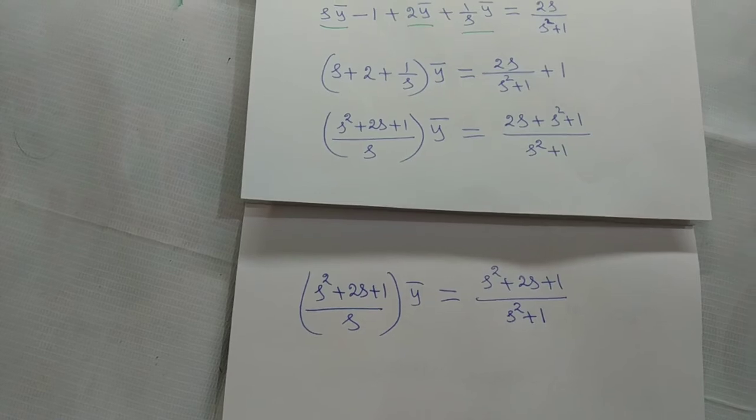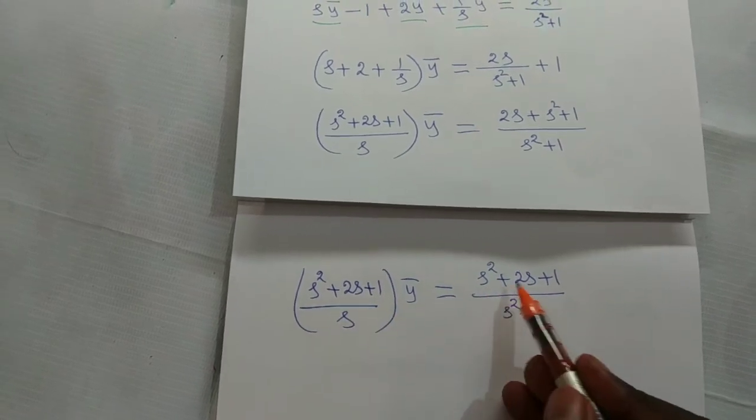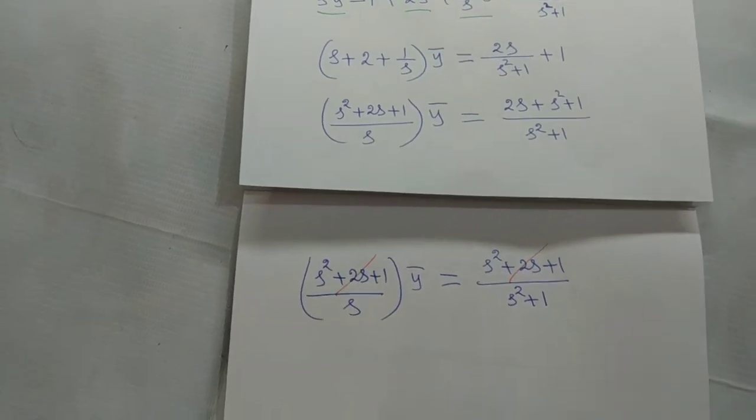You see, s² + 2s + 1 and s² + 2s + 1 will cancel.